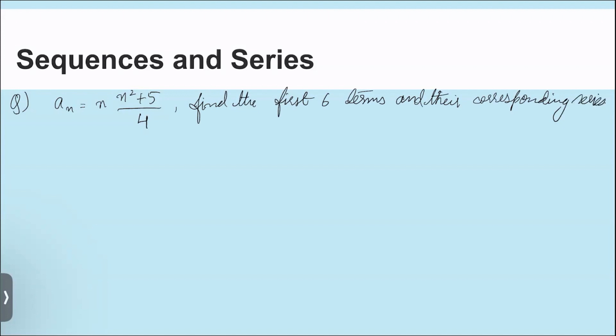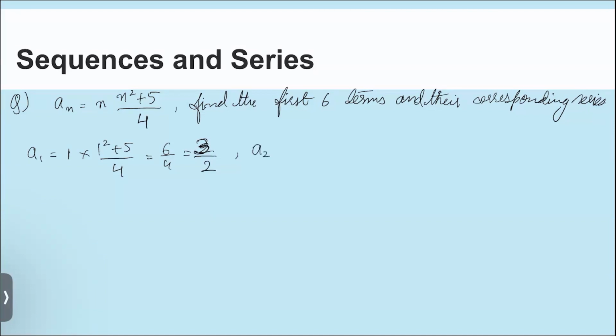So let's find A1, A2, A3, all the way up to A6 first. Your A1 would be 1 multiplied by 1 squared plus 5, that is 1 plus 5 is 6, 6 by 4. So you get this as 3 by 2.